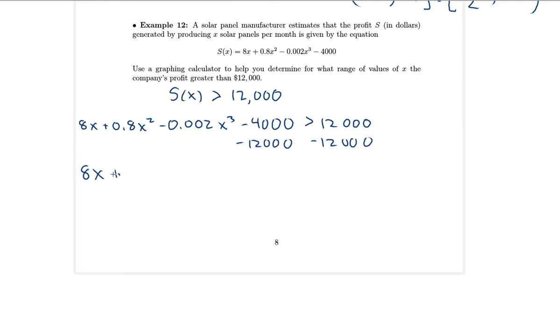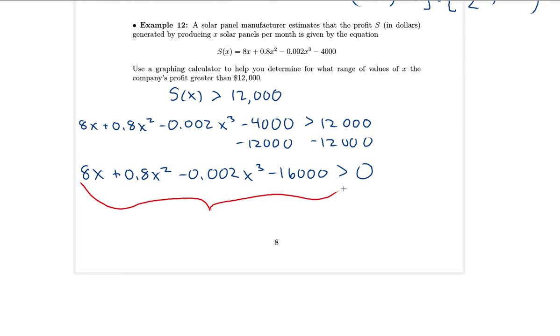So here we go. All right. Now, once we have that, understand that the way we can use a graphing calculator here is we can put that in as y1, and then see when is it bigger than 0, right?